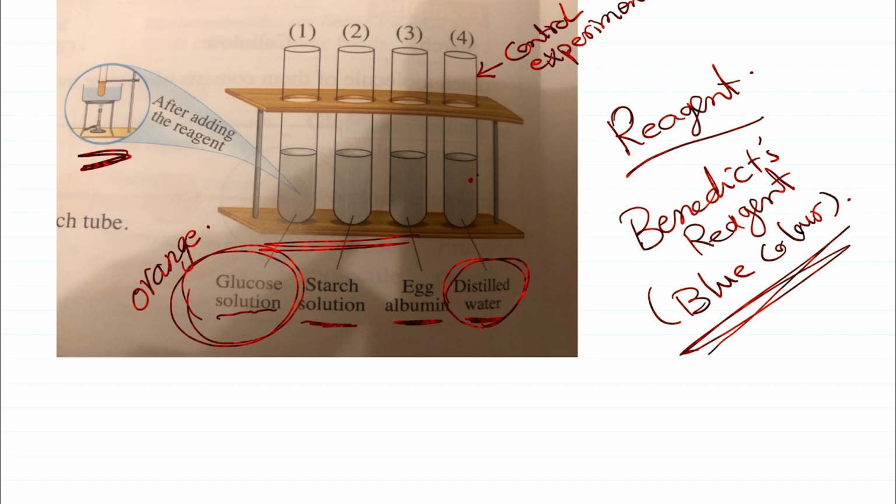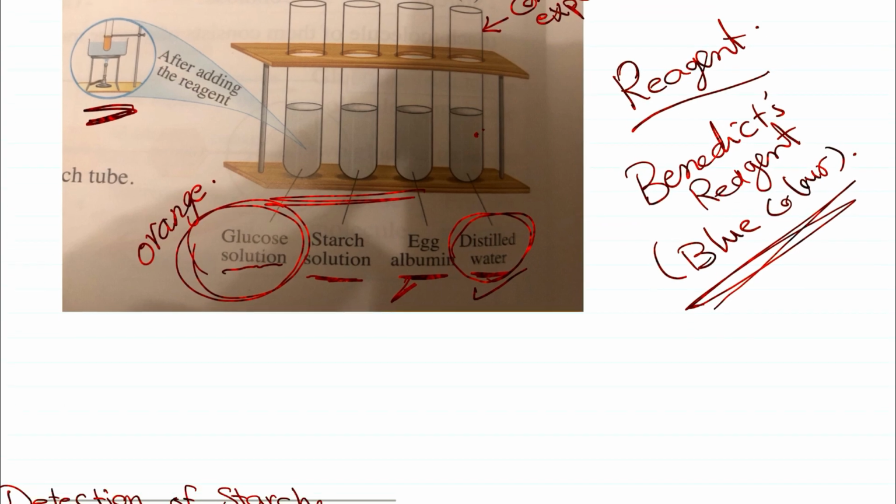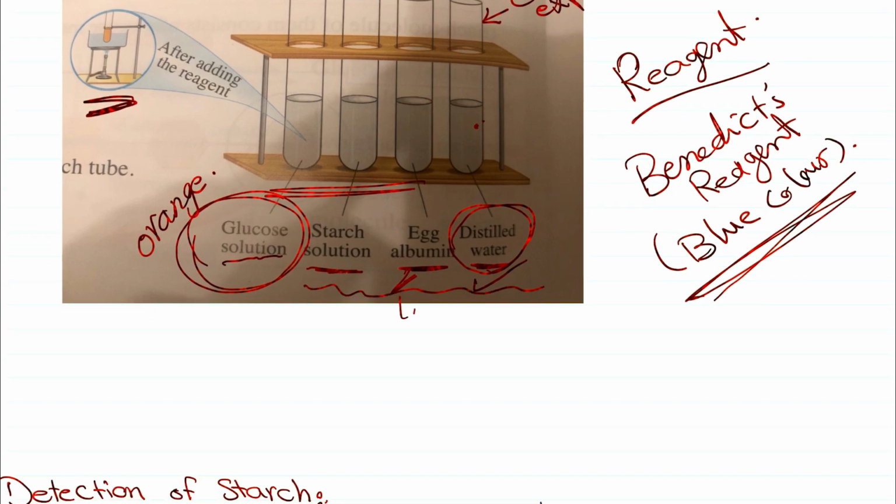Yes, we said it's formed of monomers, but they are combined together, so it's complicated. It cannot be indicated by the Benedict. Egg albumin is protein. There is no sugar at all, and for sure the water, nothing. We don't have any carbon atoms at all, so we don't have any sugar. So the color in all of these will be blue, which is negative.